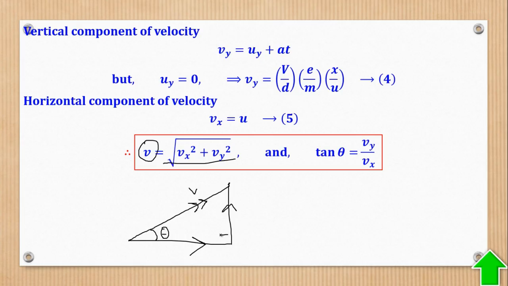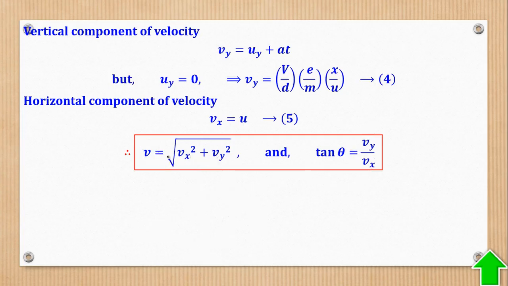Remember, it's a right angle triangle, so this is Vy, and this is Vx. That means that tan theta will be equal to Vy over Vx, and V will be equal to the square root of Vx squared plus Vy squared. That is the formula I shall be using to get the velocity after leaving the electric field.